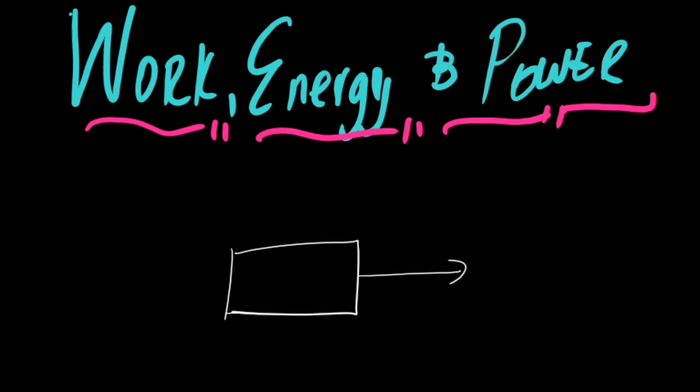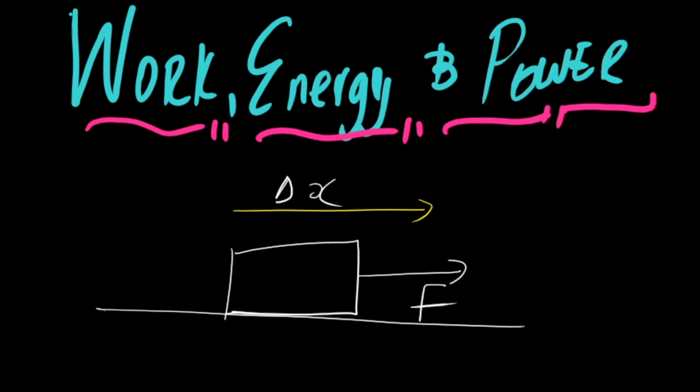And then the movement or motion of the object is in this direction. So this is the force, and this is the displacement of the object. Now whenever an object experiences a force and that particular force is parallel to the displacement of the object, we say that the force is doing work on the object.